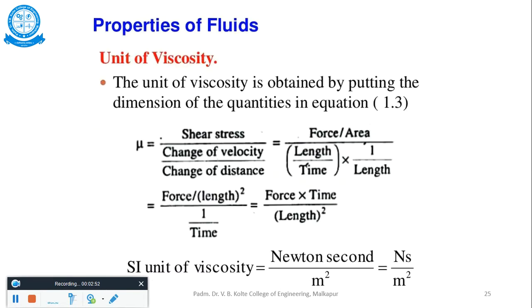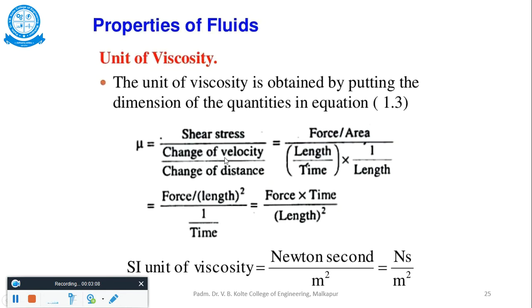So what will be the unit of viscosity? It is shown in the slide. Mu is equal to shear stress divided by du by dy. What will be the unit of shear stress? Stress is nothing but force upon area. And du by dy is change of velocity upon change of distance.